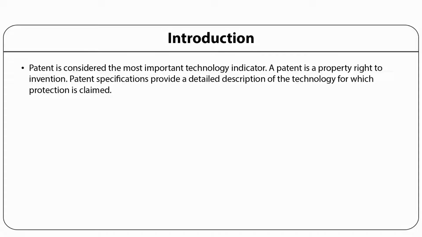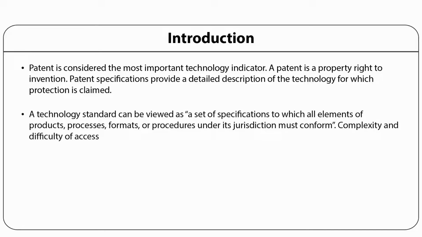The other technological indicators are standards, design and trademark. A technology standard can be viewed as a set of specifications to which all elements of product, process, formats or procedure under its jurisdiction must conform. But you see, it is very complex and it is very difficult to access all the standards in a particular area.